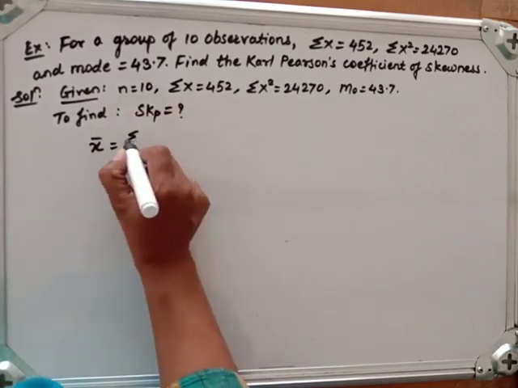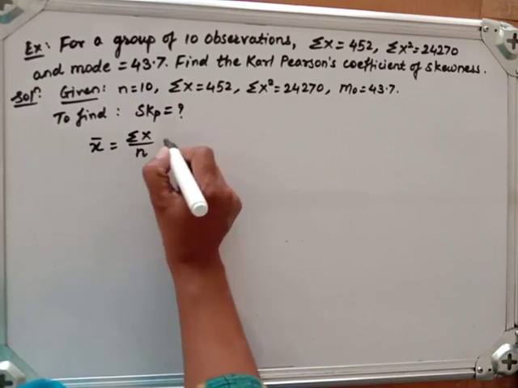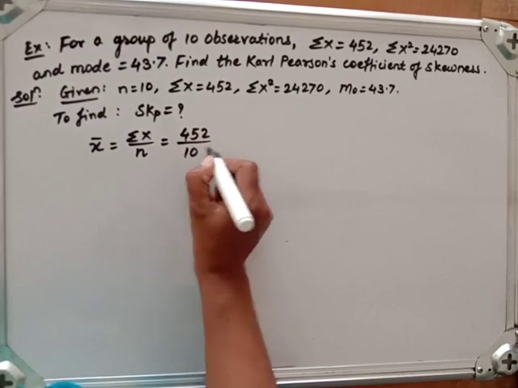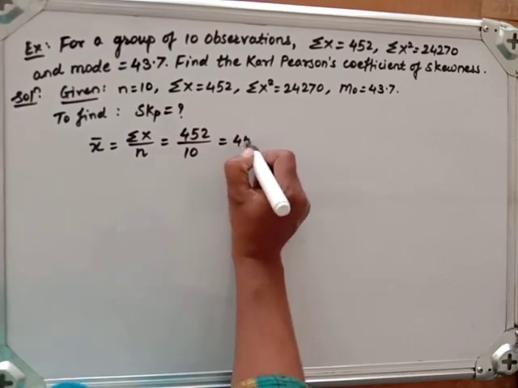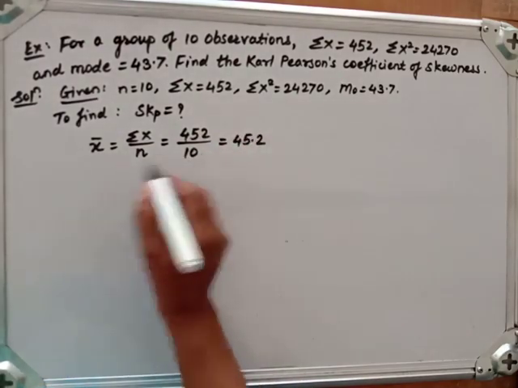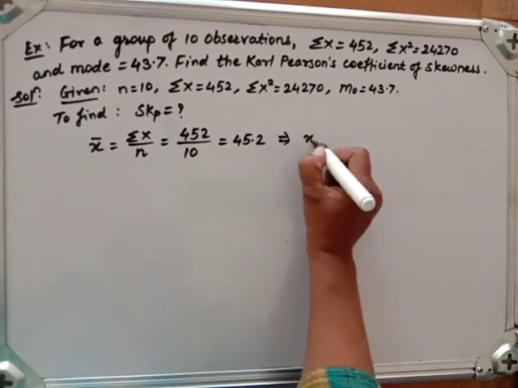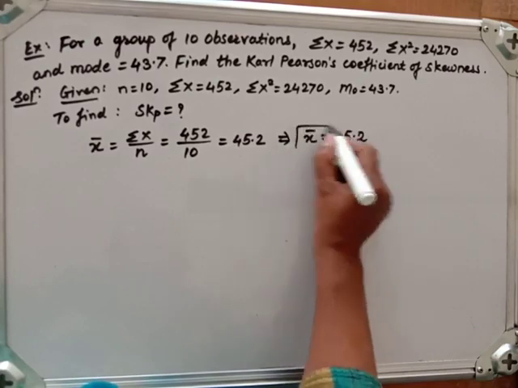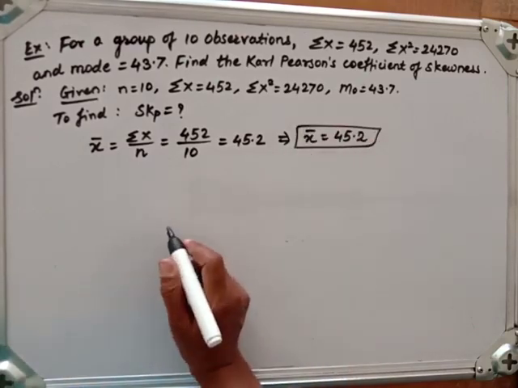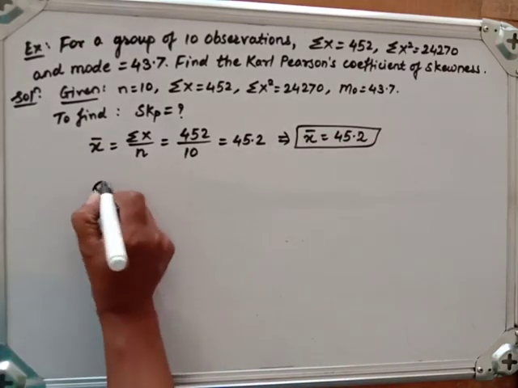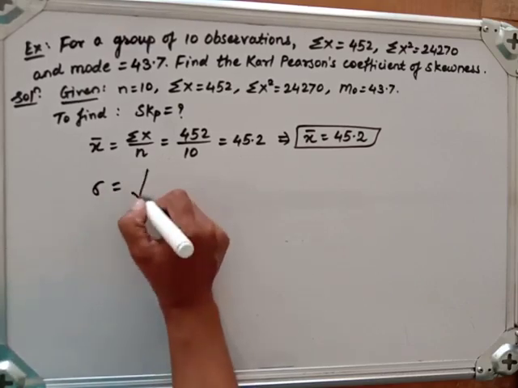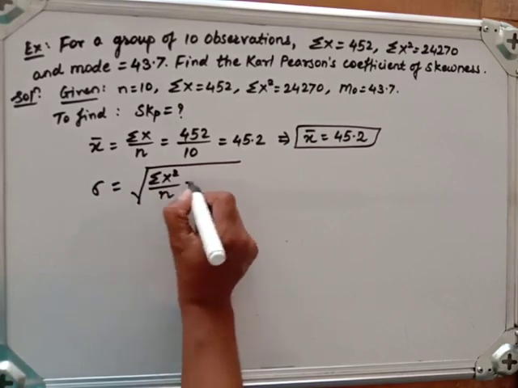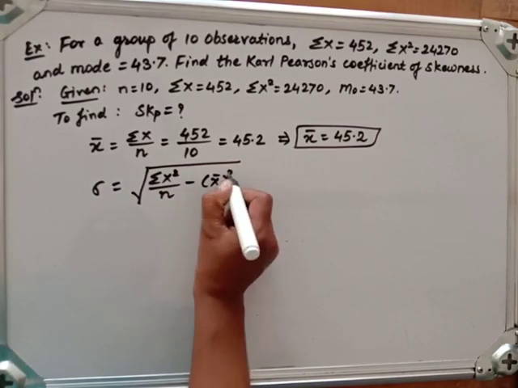So mean is summation x upon n. So 452 upon 10. So it will be 45.2 mean with us. Now let me determine the standard deviation. Sigma is the positive square root of summation x square upon n minus x bar square.